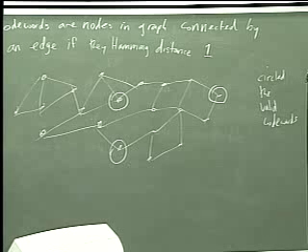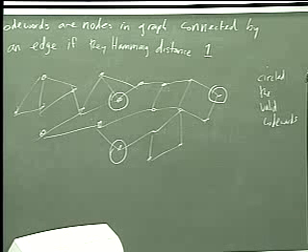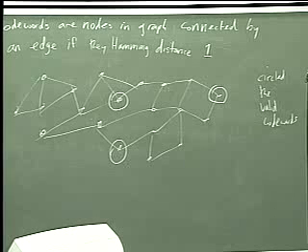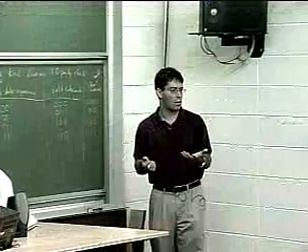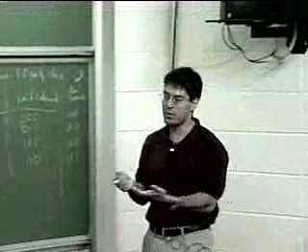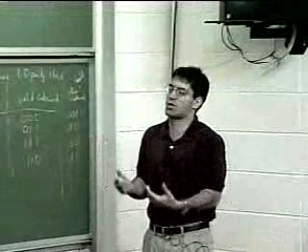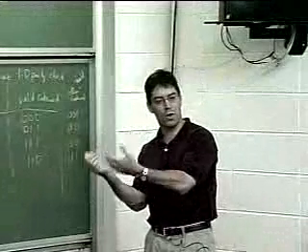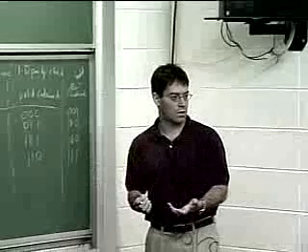Well, the sender is going to send some valid code word. The only way the receiver can be tricked, and not realize that there's been an error, is if it receives another code word that's valid. If a receiver receives an invalid code word, it's detected an error. So how many bits do you have to flip to trick the receiver? You've got to move from one valid code word to another.